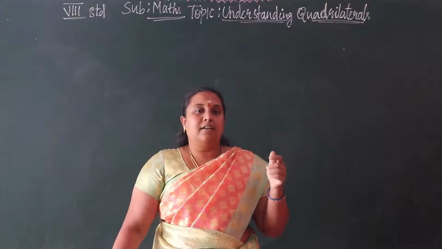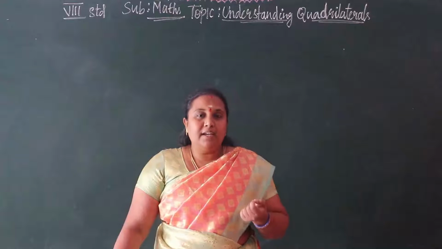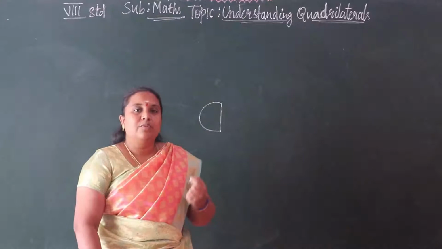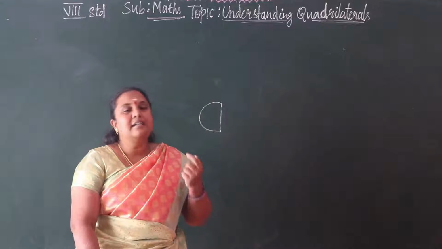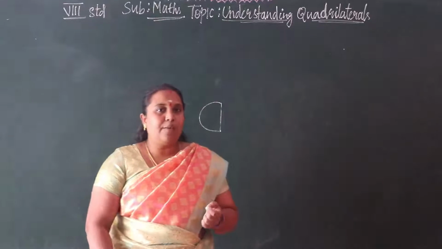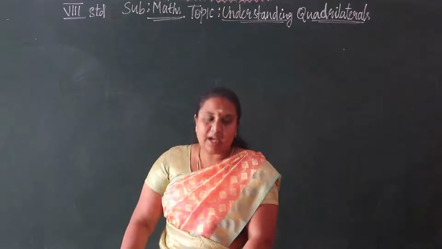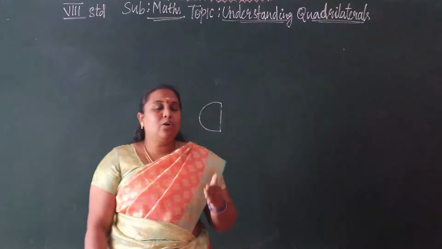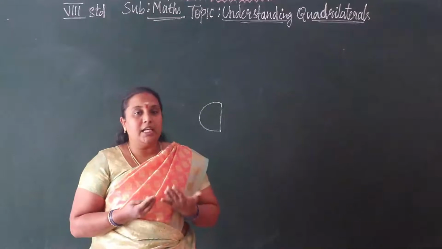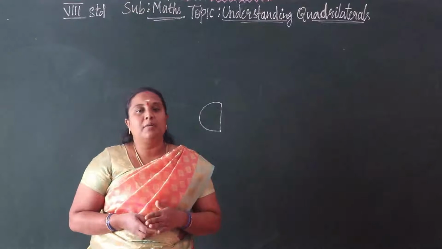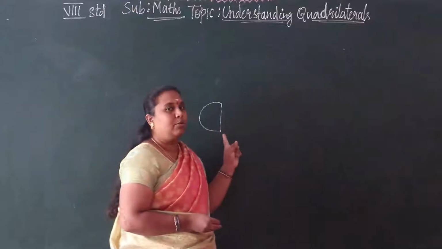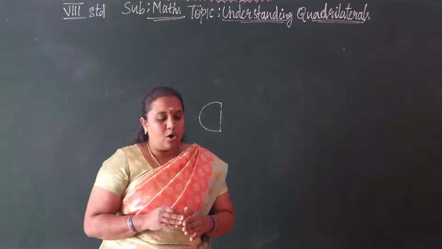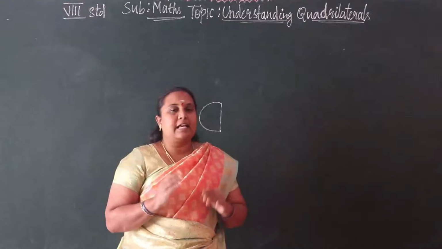So we are defining a polygon: the sides of a polygon have only straight lines. Any common closed figure, but not curves in that, composed of only line segments.